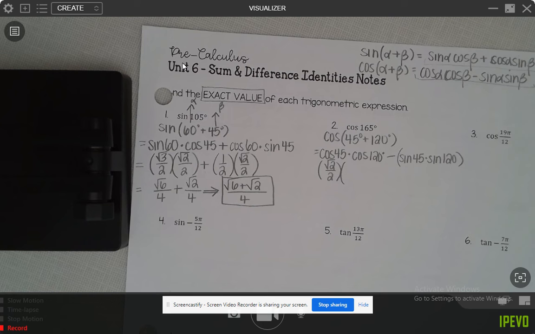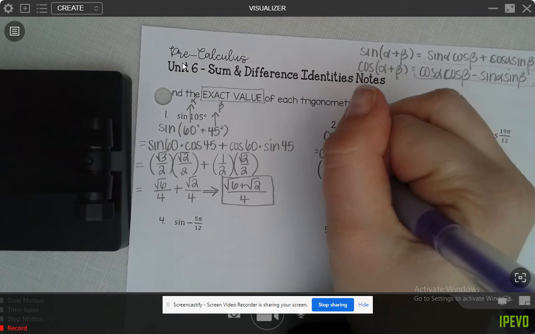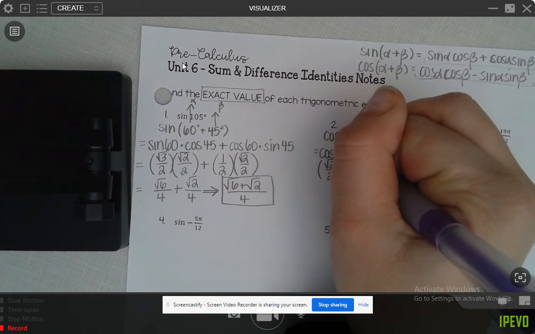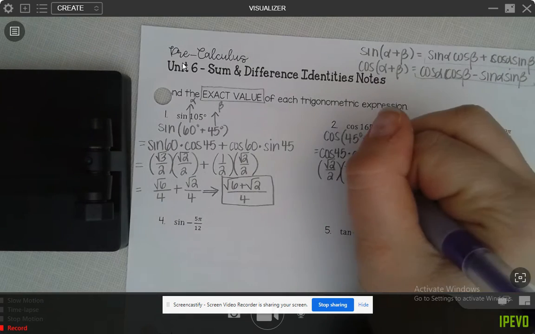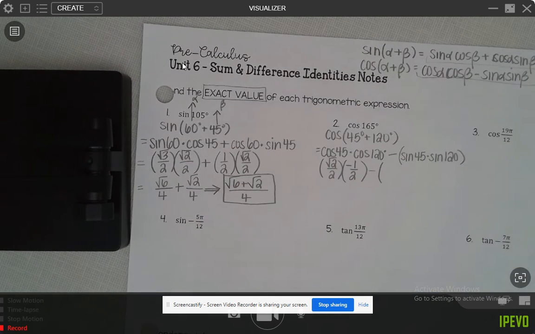So cosine of 2 pi over 3, what's my reference angle? Pi over 3. What's the cosine of pi over 3? You have it written on your sheet of paper. Cosine of pi over 3 is 1/2. 2 pi over 3 is in what quadrant? Second. Cosine is negative. So this is negative 1/2. Minus, what is the sine of 45 degrees?